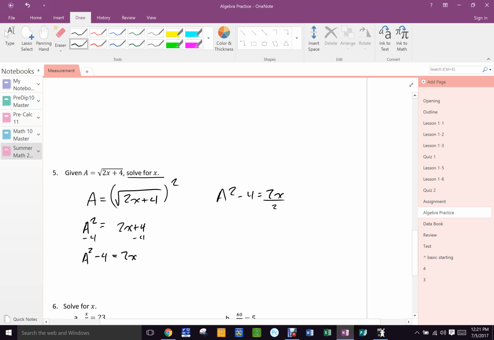I got to divide by 2. So a squared minus 4, all of that divided by 2 gets me x. And can I go any further than that? I don't know what a is, do I? So I can't go any further.